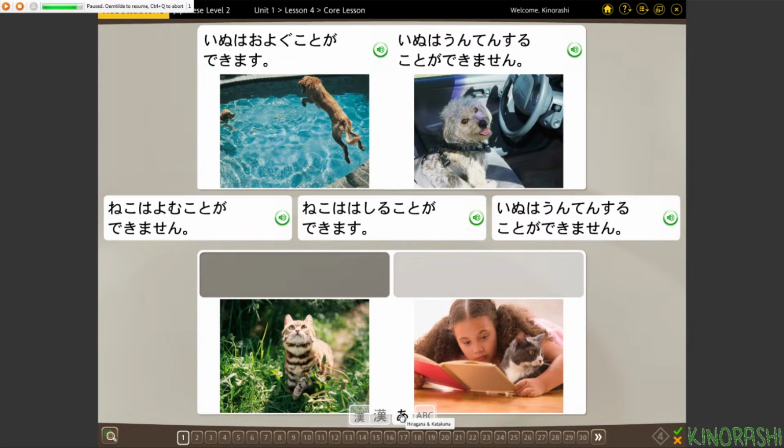Neko wa yomu. Okay. Neko wa. Oh, I see. Neko wa hashiru koto ga dekimasu. I think that's supposed to be the indicative form of hashite.